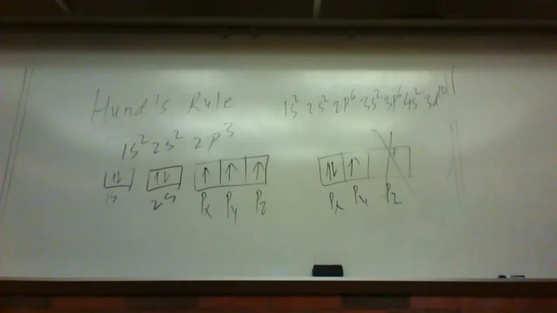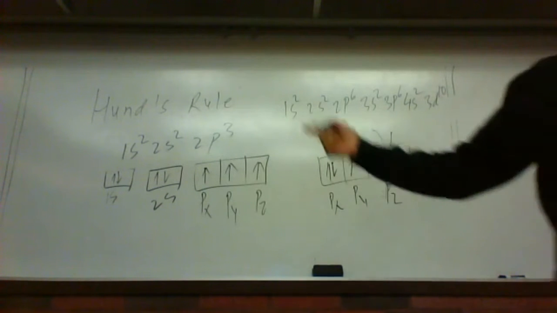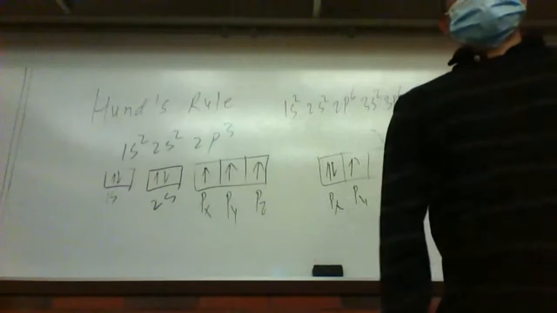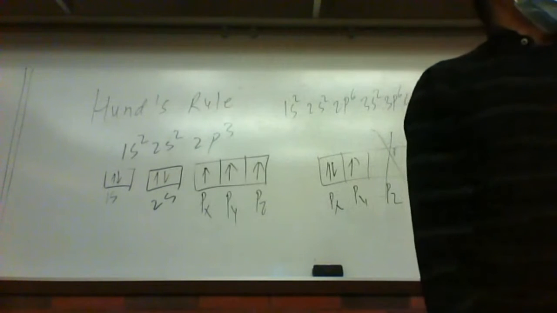In nature, it doesn't work that way. So first you need to put electrons 1, 1, 1, and when you have extra, then you start to pair. This is called Hund's rule.